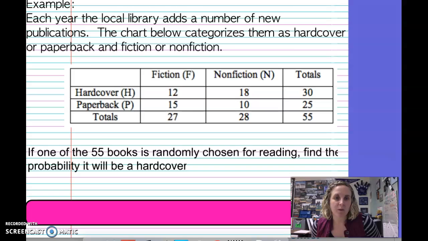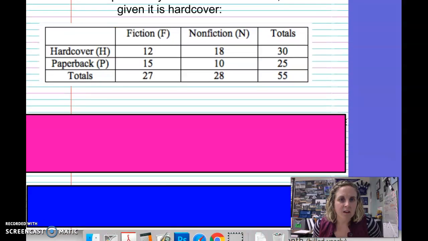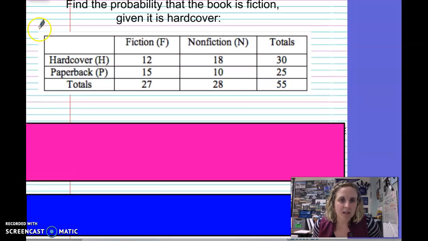Now, continuing with this, if we find the probability the book is fiction, given that it's hardcover, we say the probability of fiction given hardcover.